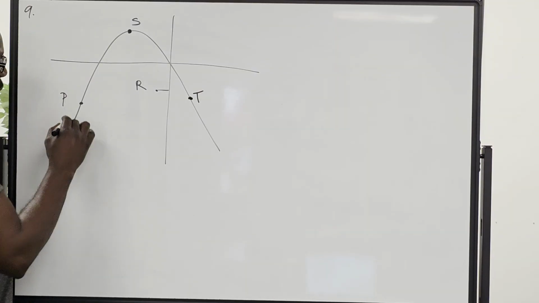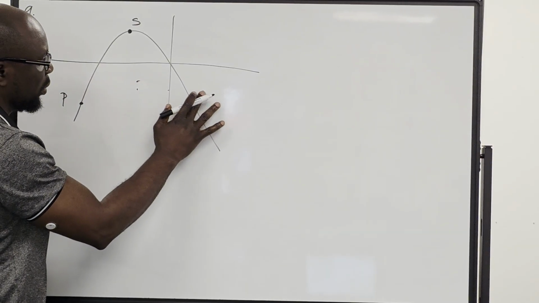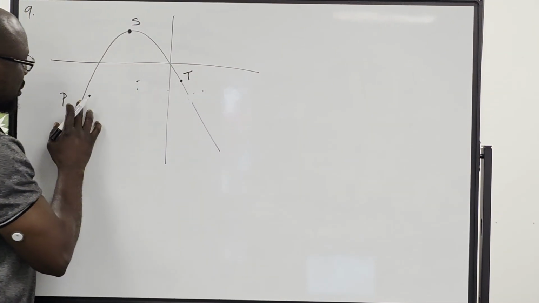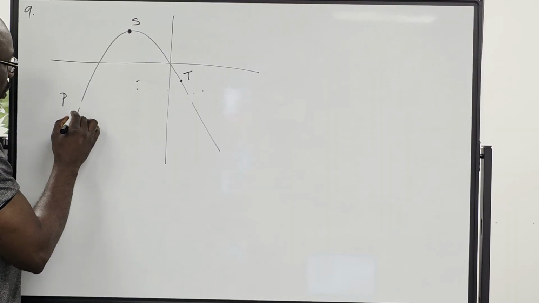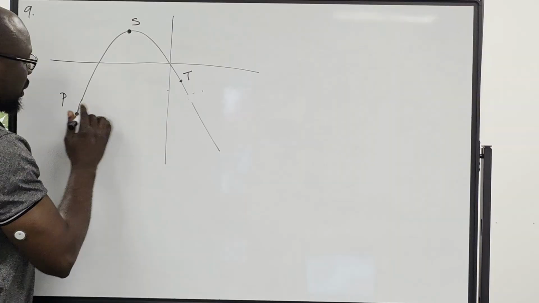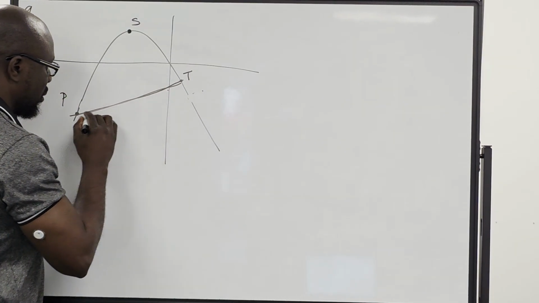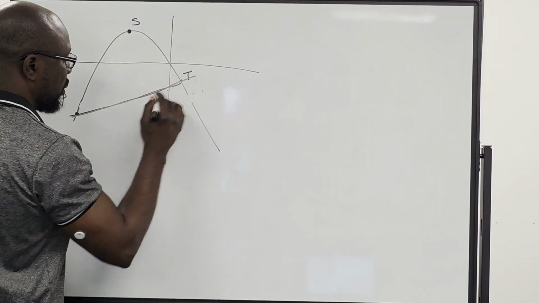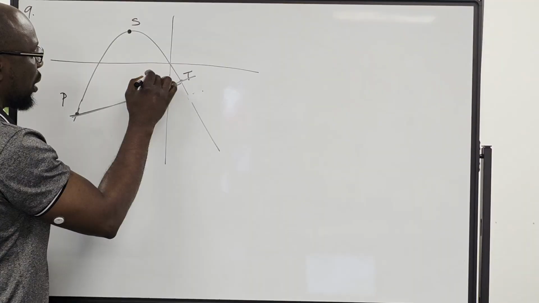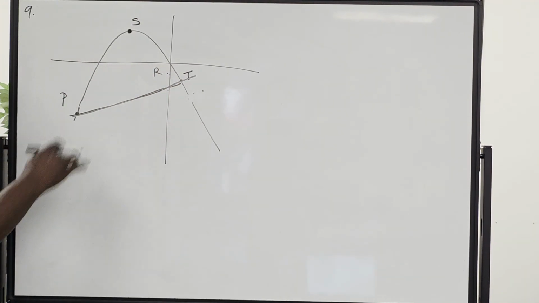And it said it's T right here, and P somewhere around here. And it said this line goes across like so. And then here you have your R right here. So that is the graph we have. Don't worry about the numbers.